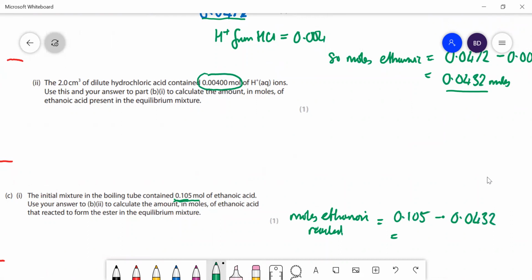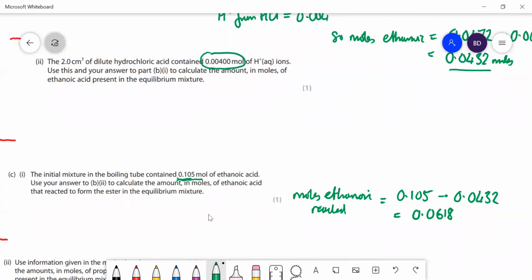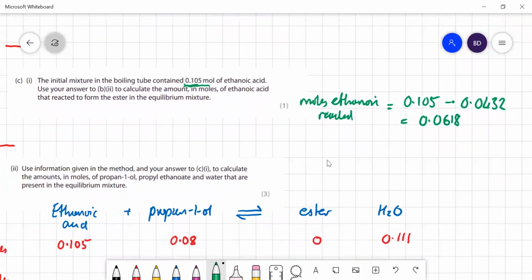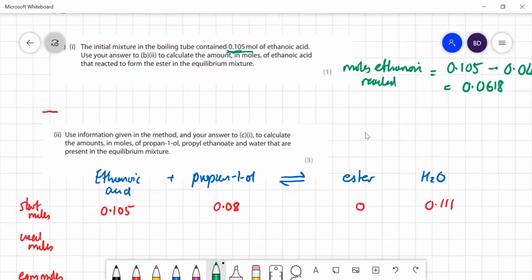Which gives us 0.0618. Okay, that's how many moles are reacted. Now, it says then, use the information in the method and your answer to calculate the amounts in moles of propanol, propyl ethanoate, and water that are present.